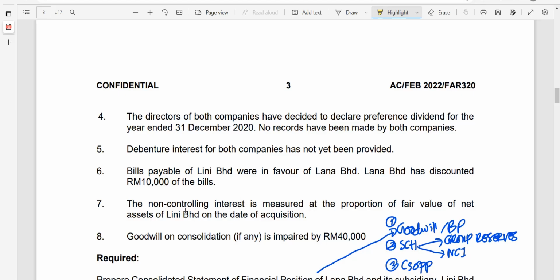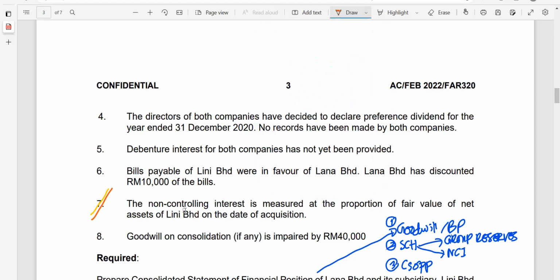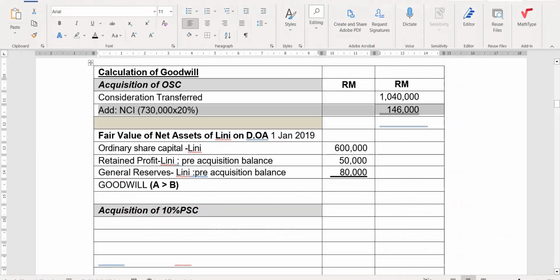So I'm taking into consideration item number 7, which is information that it was measured at the proportion of the fair value of net asset on the date of acquisition. That's the reason we find out the fair value of the net asset on the date of acquisition, so that we can measure the non-controlling interest. There is no other calculation except for that.